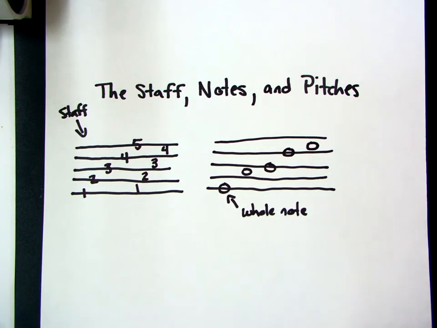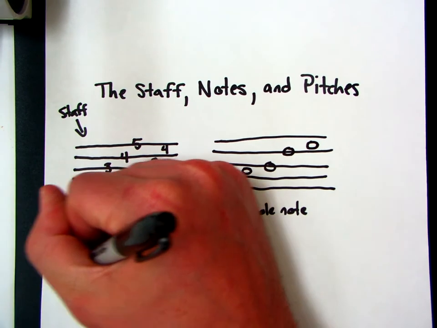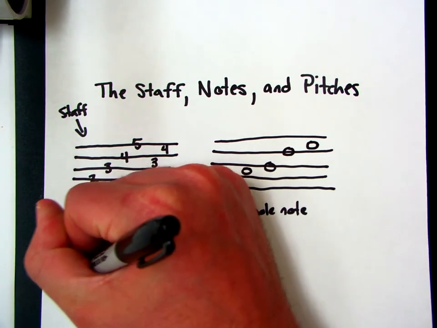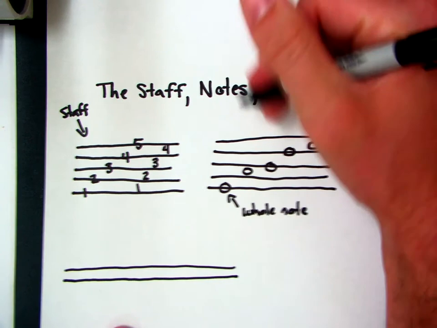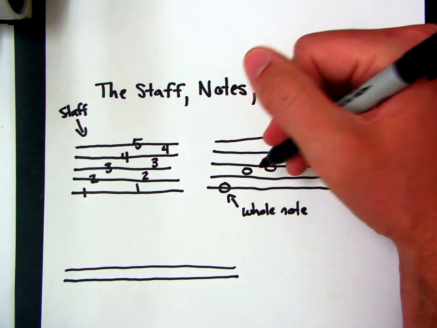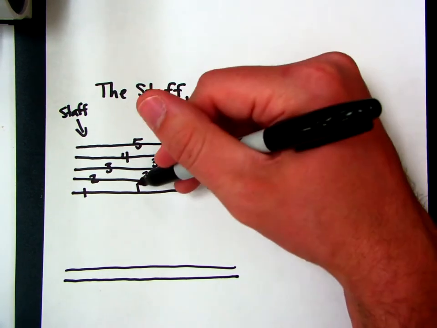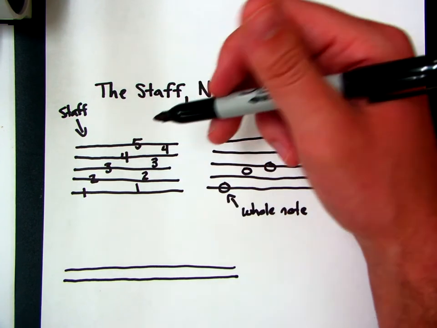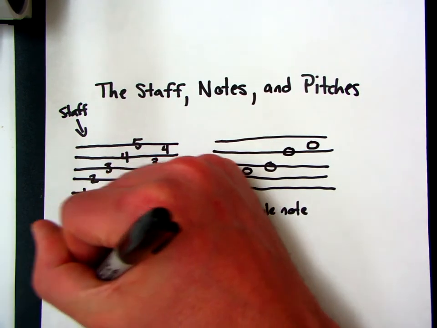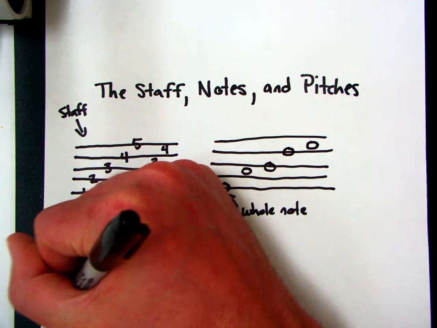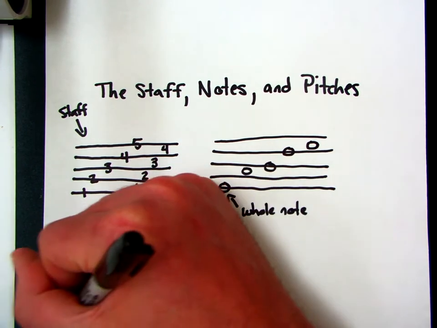Now, one other thing, if we're talking about pitch, right? Pitch is the actual sound that we get. The notes, these things here, are what represent pitch, and then these numbers are just to help us understand where they are, right? So the notes are just what we use to help us understand what pitch to play on the instrument.